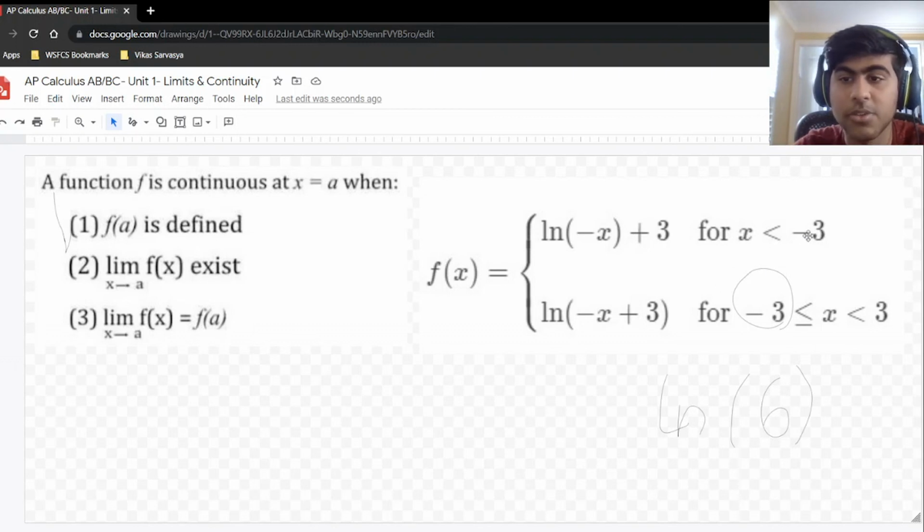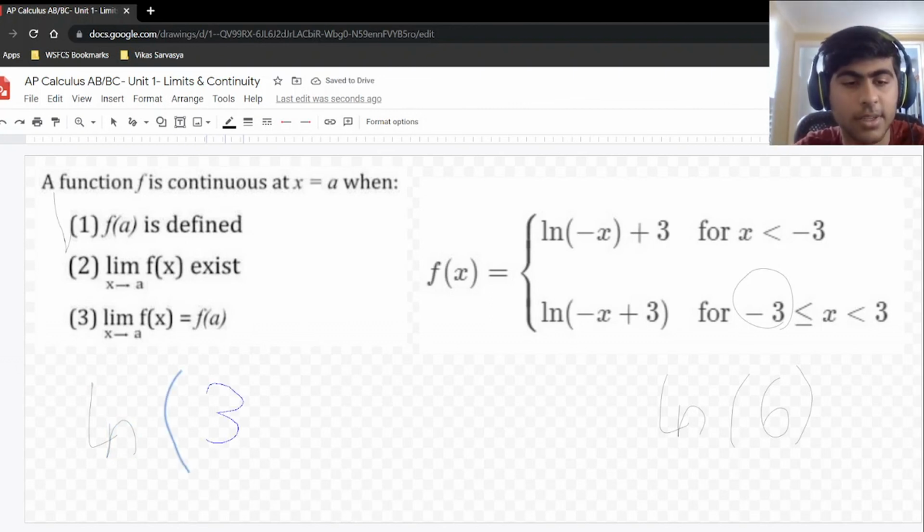So to find the limit, you just plug -3 into here and see what you get. Now if you do that, you have natural log of -x, or -3, which is 3, and then you add 3.